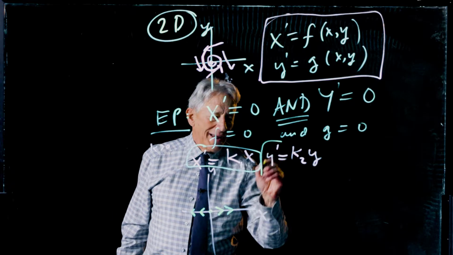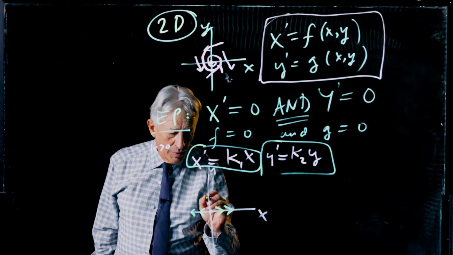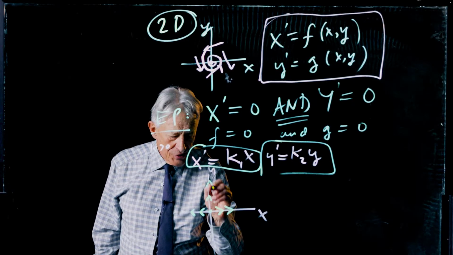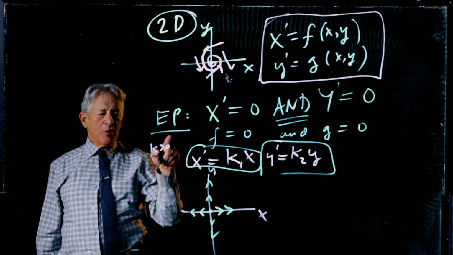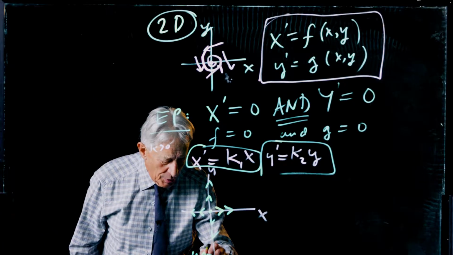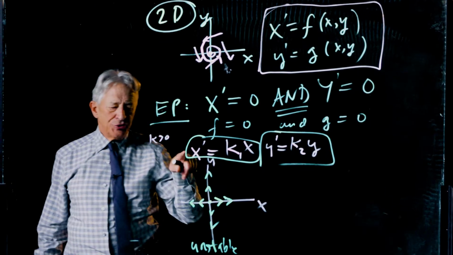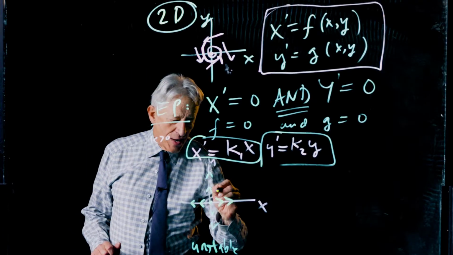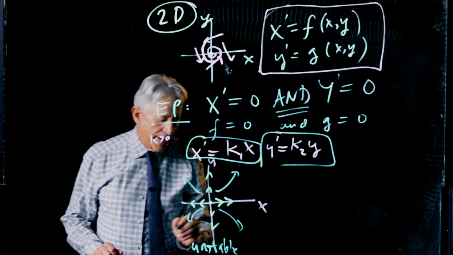Now what about y? Well, the same thing. It's an unstable equilibrium point in the y-axis. And so we have just made an unstable equilibrium point in 2D because these arrows are going to go away, away, away, away.